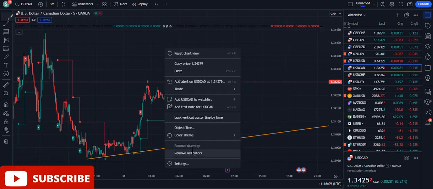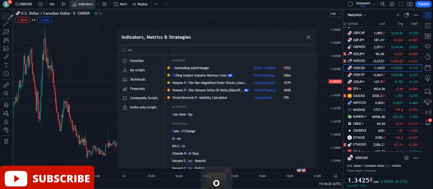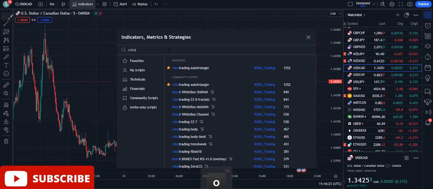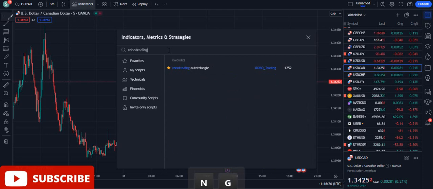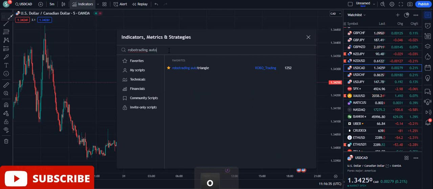Okay guys, so I'm going to delete these indicators and go to the indicator section again. Please pay attention here, because with a little mistake you will not be able to find the indicator. You need to write robo trading without any space. If you give a space, then the indicator will not come. Then you need to give one space and write auto.